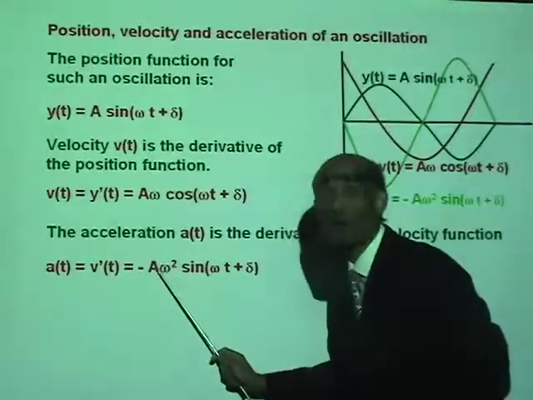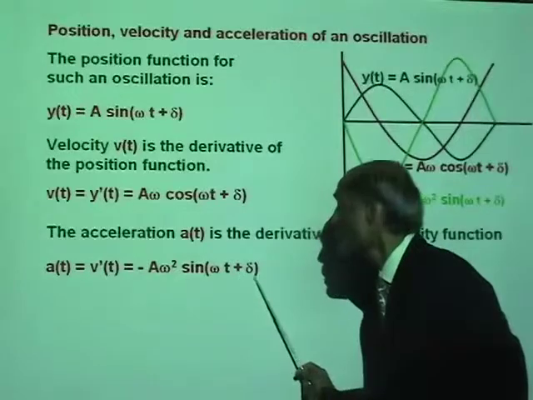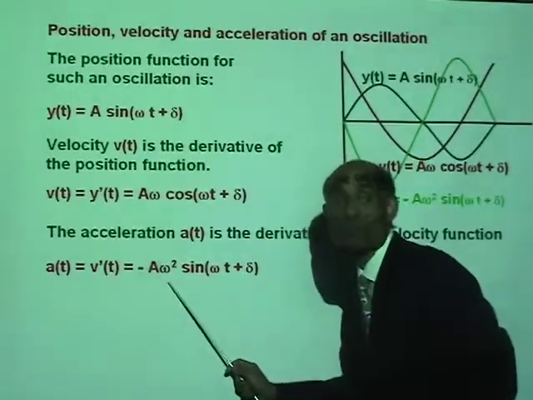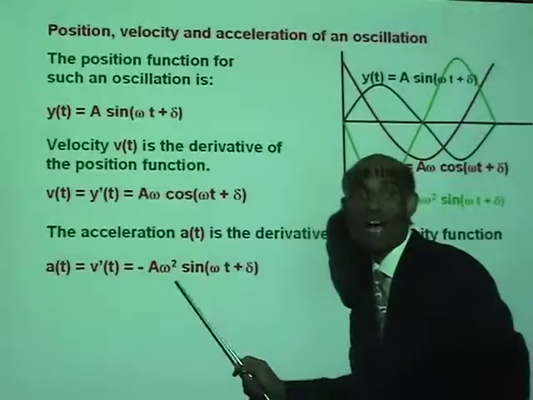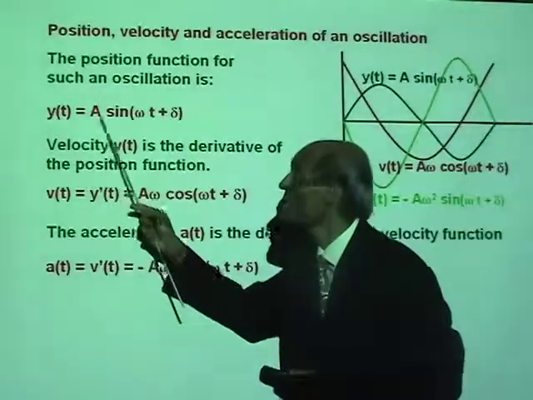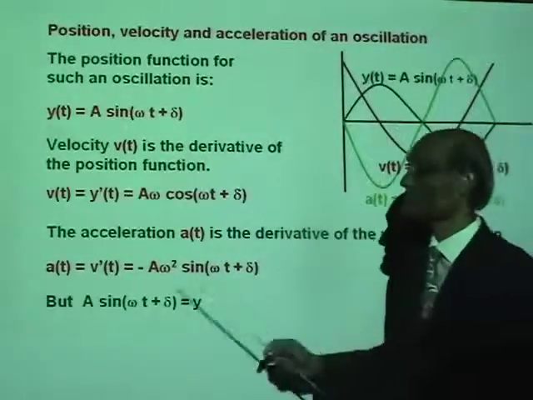So if you come down here, watch this. A sine omega t plus delta. I'm going to remove this quantity and replace it by y, because y is a sine omega t plus delta.